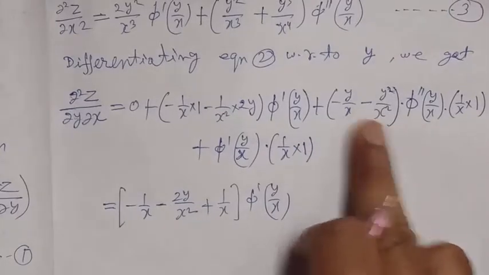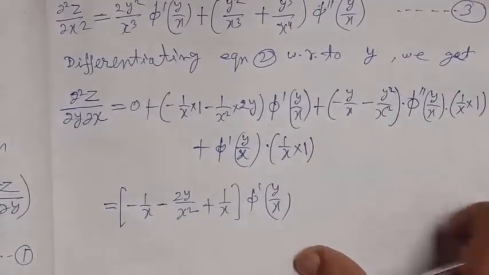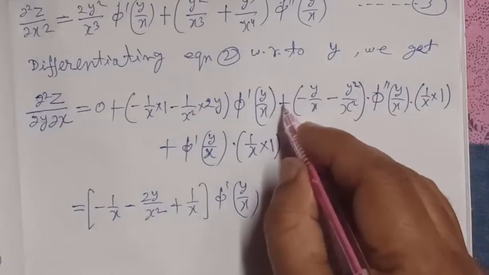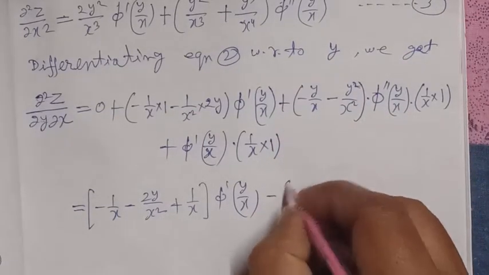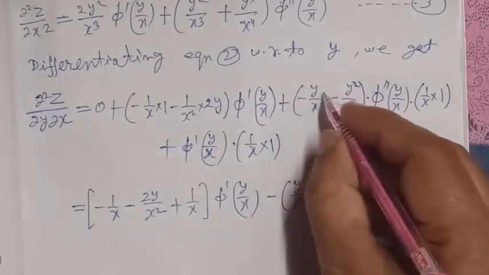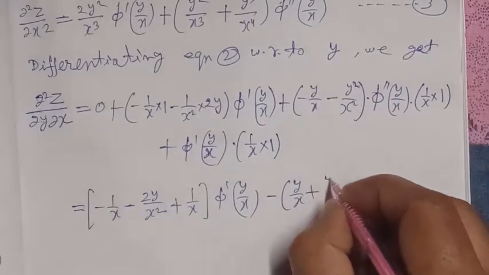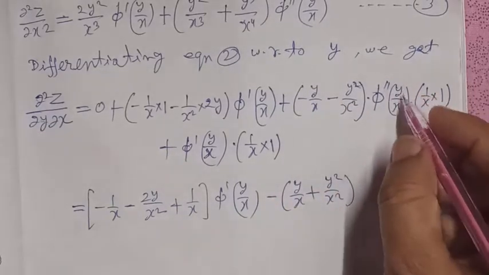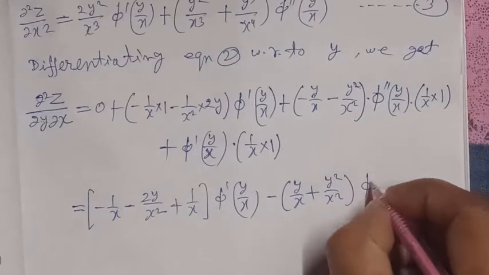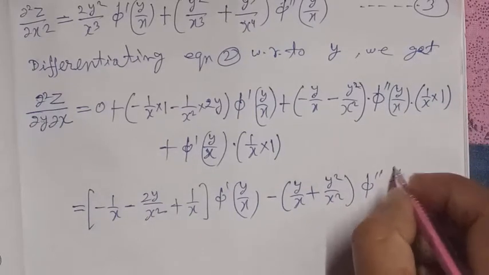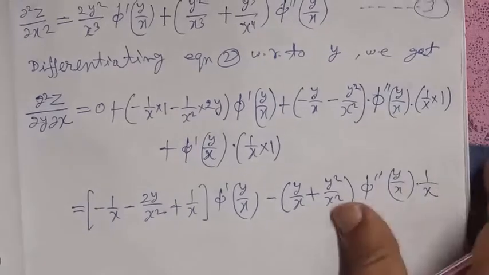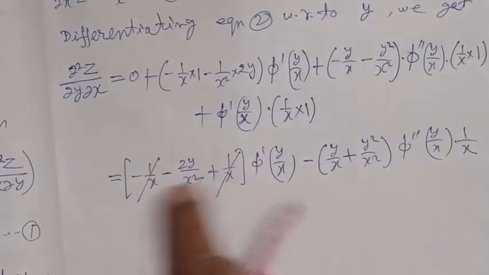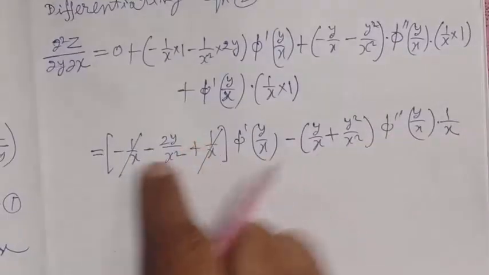The remaining terms are these, so I write this term, and I can take minus from this bracket, so this sign becomes minus, and both terms become positive: y square upon x square. The first term is y upon x, and this phi double dash y upon x is multiplied by 1 upon x. 1 upon x cancels out with minus 1 upon x, because one is positive and this is negative.